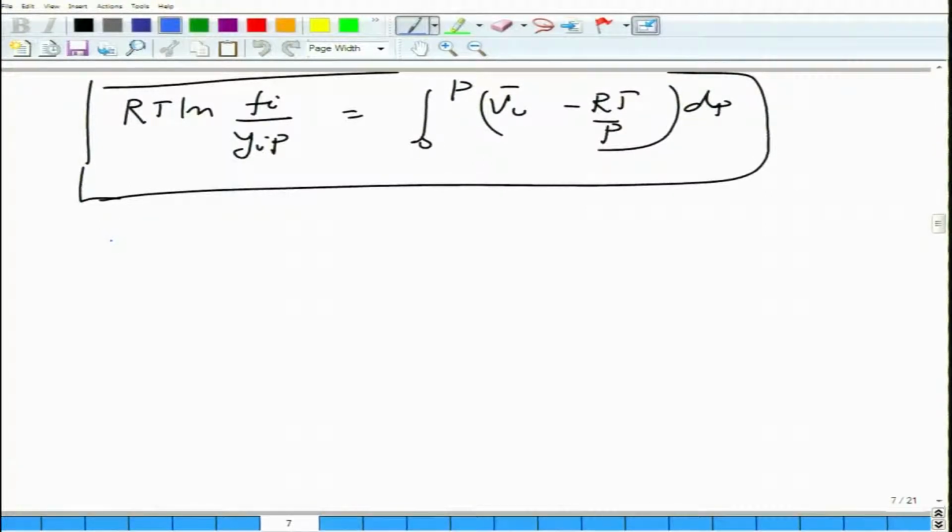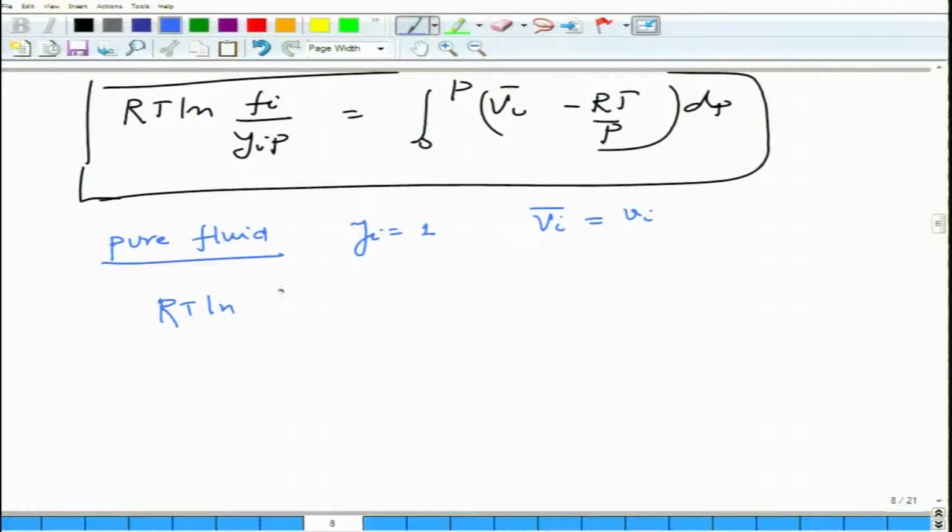Particularly, we can look at the pure fluid, when yi is equal to 1, Vi bar is the molar volume. And in that case, this expression is ln fi by P for pure i equals integral from 0 to P of (Vi minus RT by P) dP.